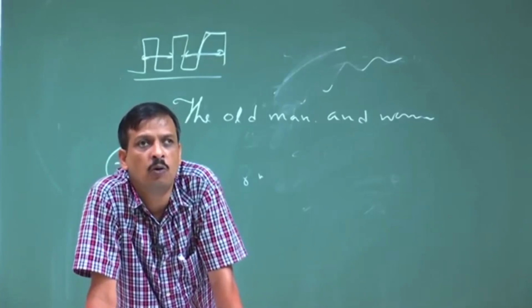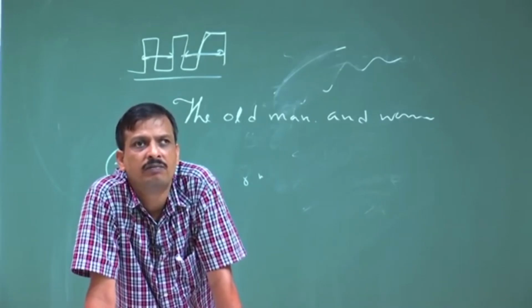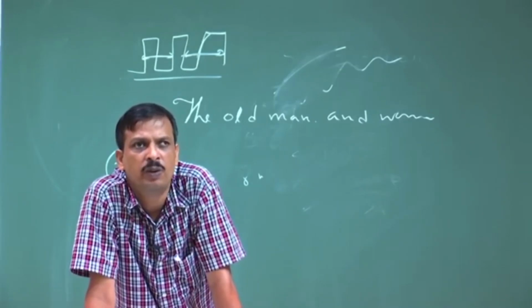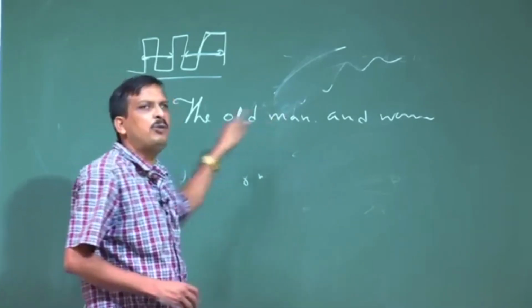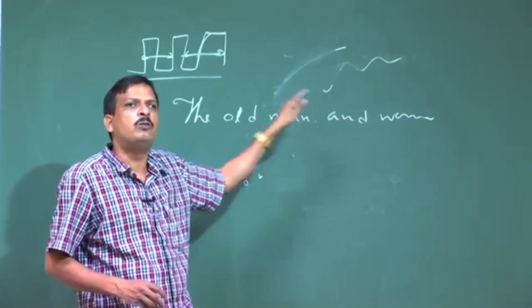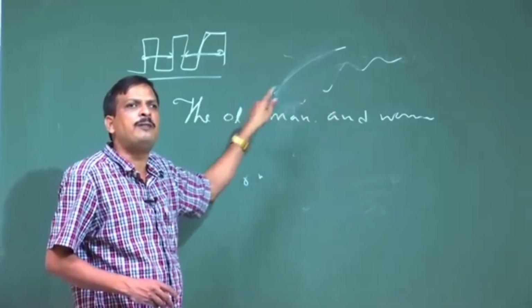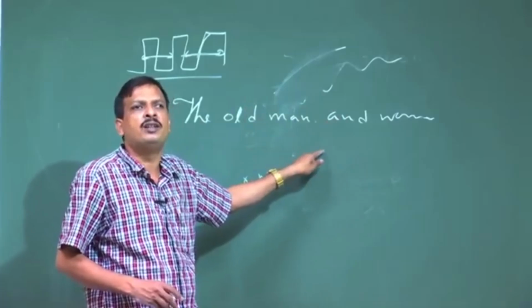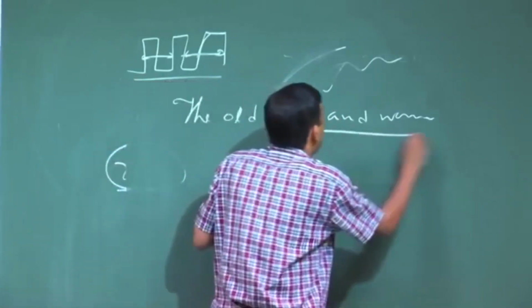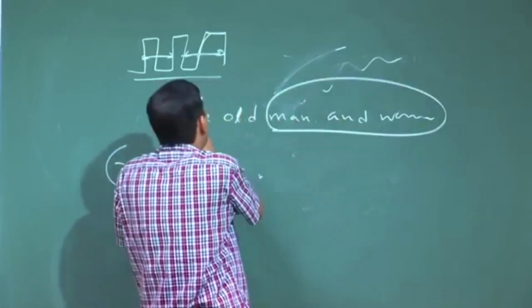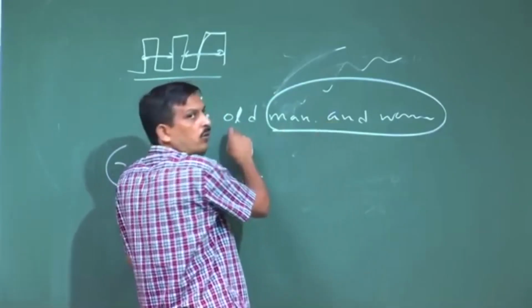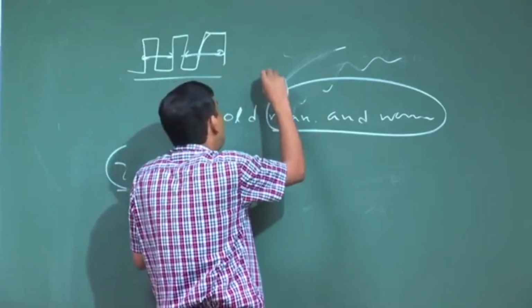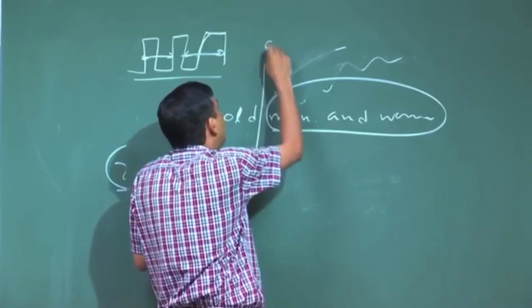If I say the old man and woman differently, the man is old, the woman is not old. So, in spoken language, if you record it and see the F0 movement, you find that F0 defines the boundary, whether the old applies to man and woman together, meaning both are old. In that case maybe the word boundary will be here, which is called the spoken word boundary.